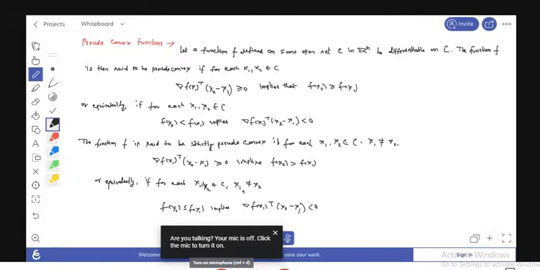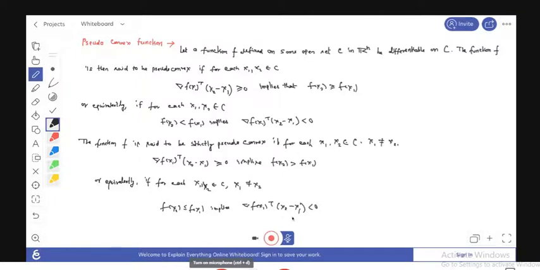Okay, so if this condition holds, then this implies this thing.